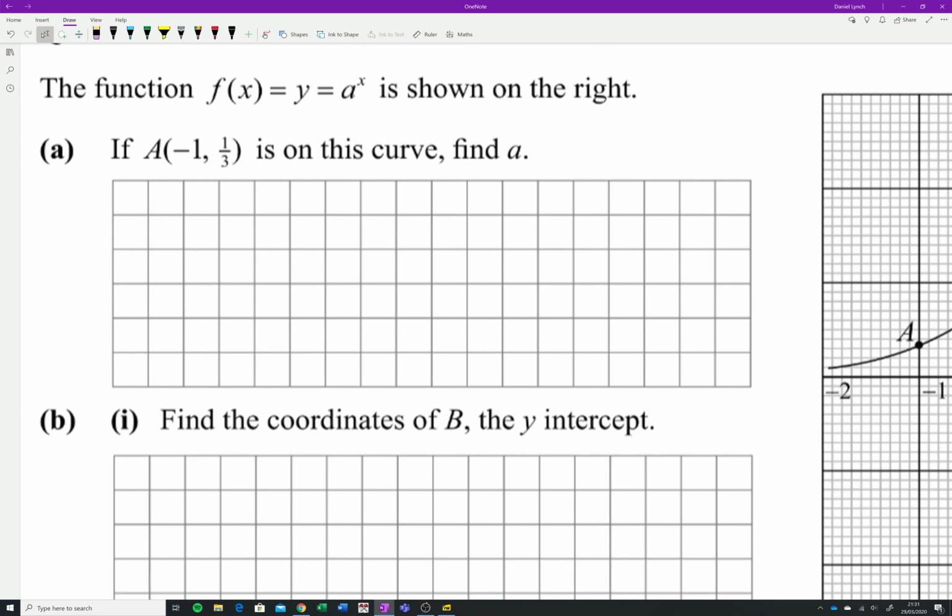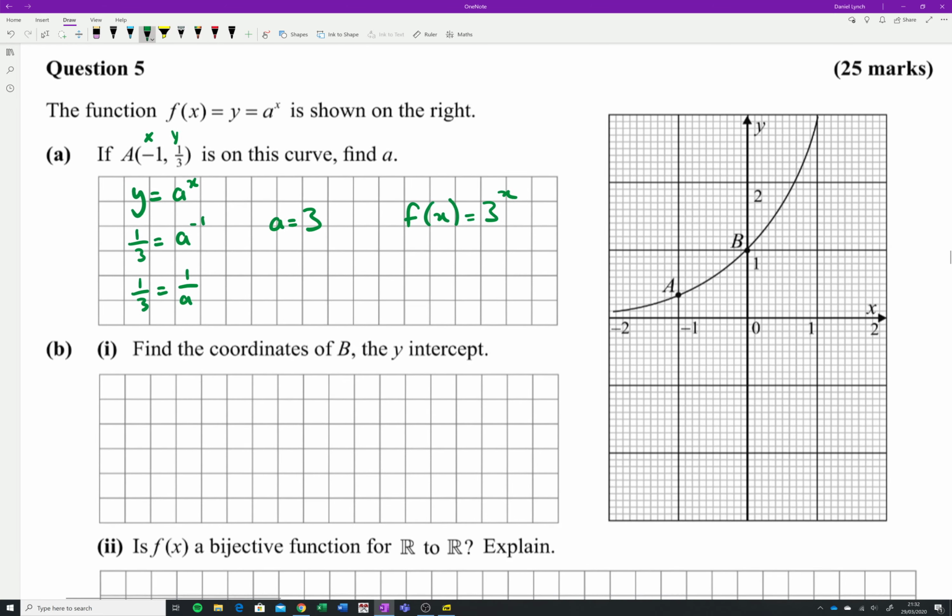So instead of having y equals a to the power of x, we can instead say 1/3 is equal to a to the minus 1. So a to the minus 1, you should already know, is 1 over a. So it follows that a is 3. So we now know what the function is. The function is f of x is equal to 3 to the power of x.